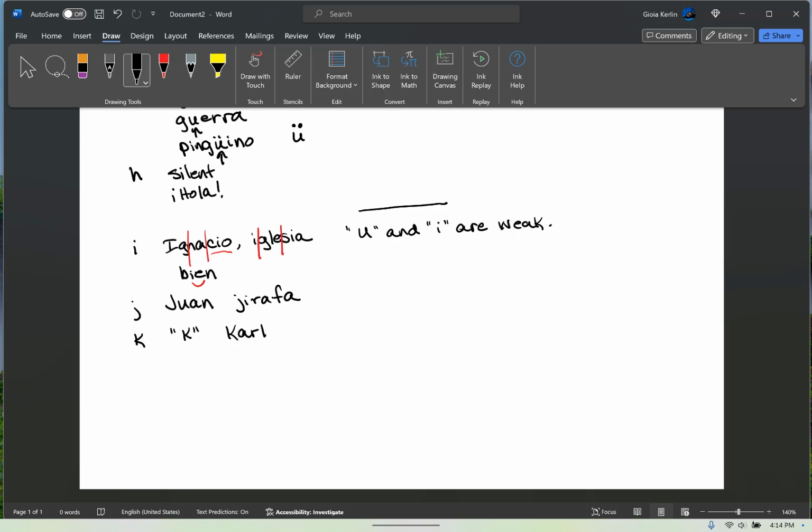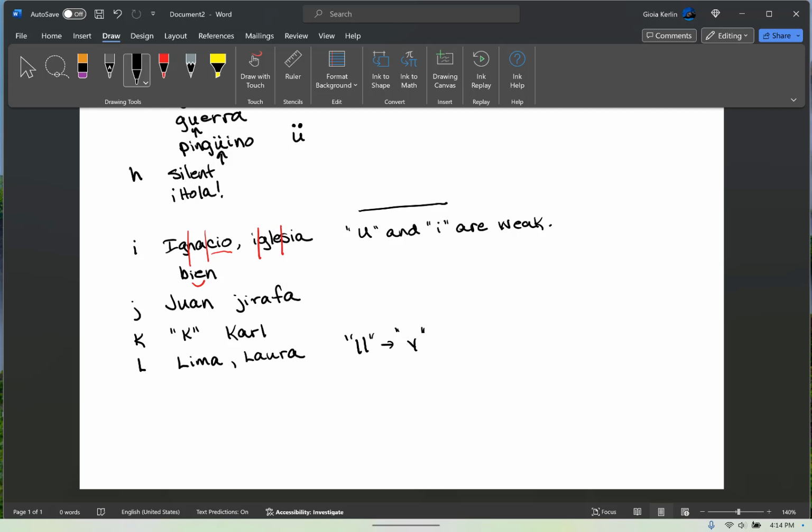Now we have L. L sounds like L, just like in English. For example, Lima or Laura. But if you have two L's together, it makes kind of a Y sound.